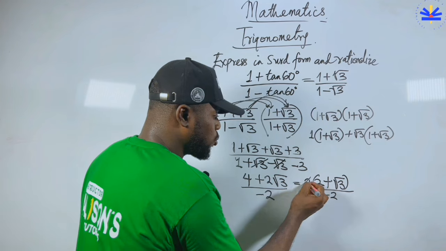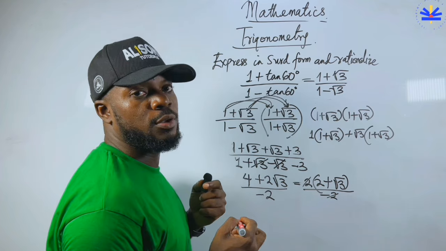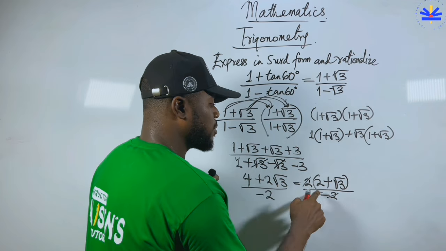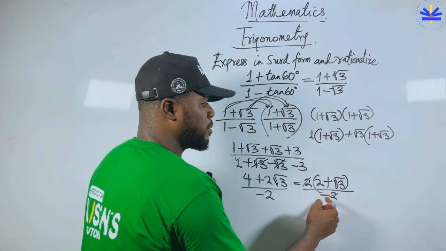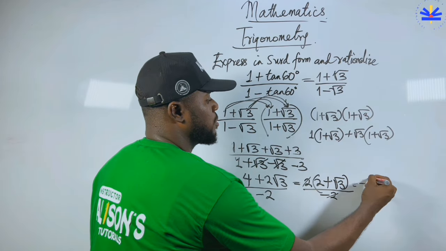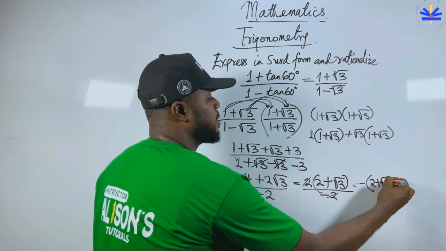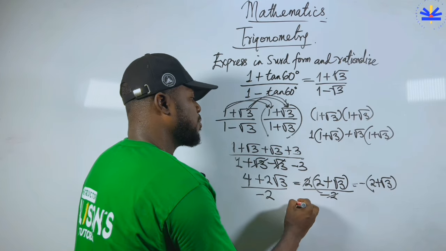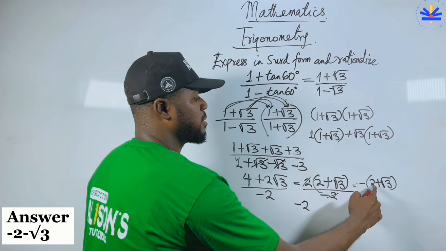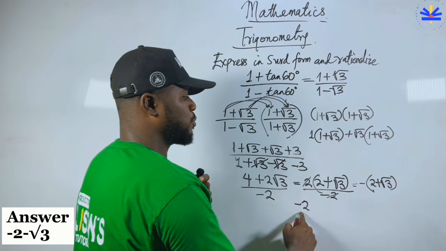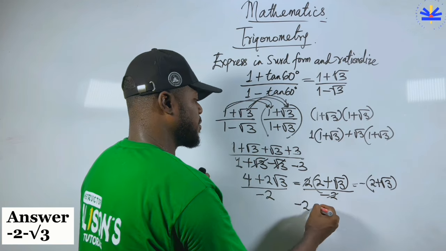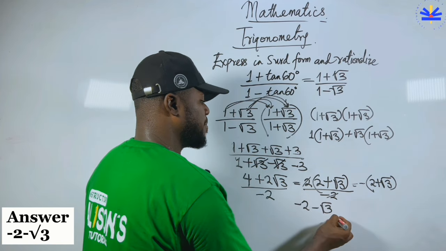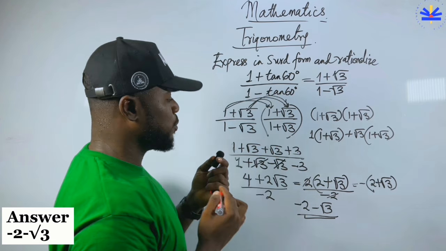Finally, this 2 and 2 will cancel. What will remain? Now this minus plus the one here, plus minus will give you minus 2 plus root 3. Now if this minus clears the bracket, you can see it gives you minus 2, minus times 2 will give us minus 2, minus times plus will give us minus root 3. That will be the final answer to this particular question.